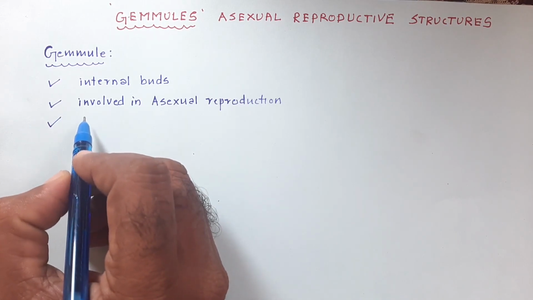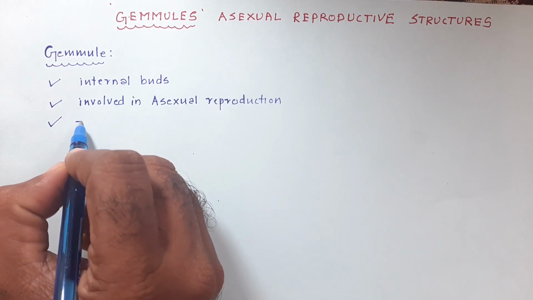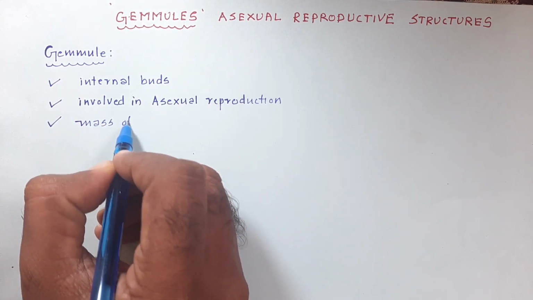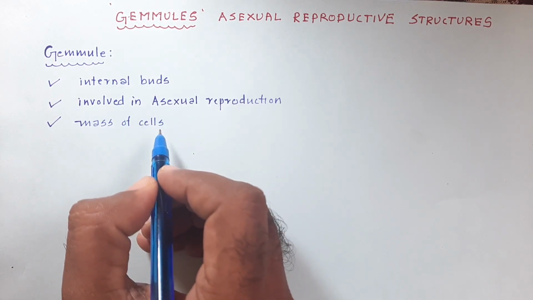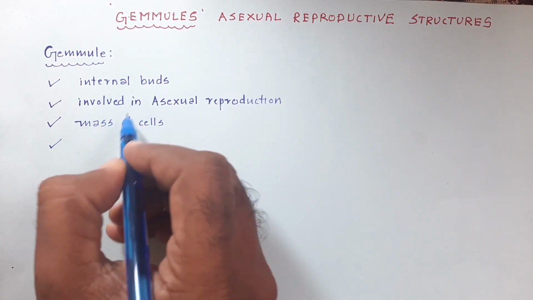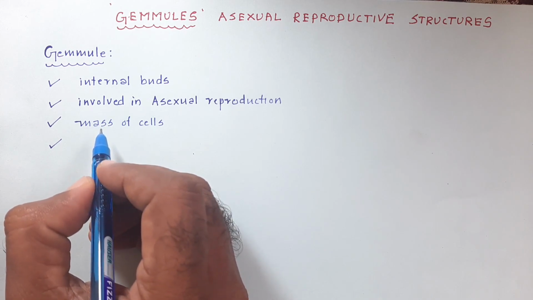Then these are aggregation of cells, that is, these are mass of cells. Just remember these points, student, then we will define with the help of all these points what actually gemmules are.